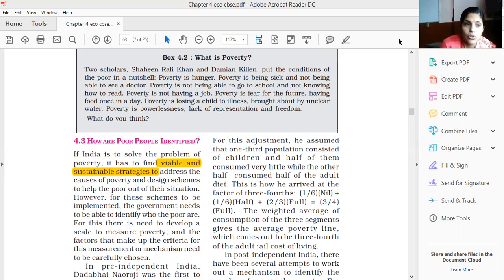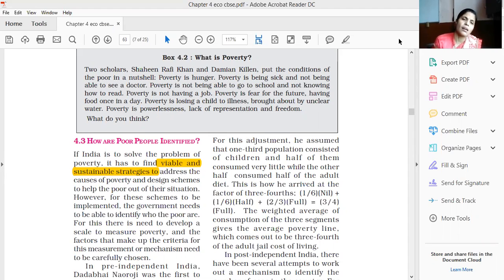Some have shops on the footpath only. You will search for poverty in slum areas. You will search for poverty in rural areas. You will search for poverty near hospitals. You will search for poverty near the railway track, railway stations.